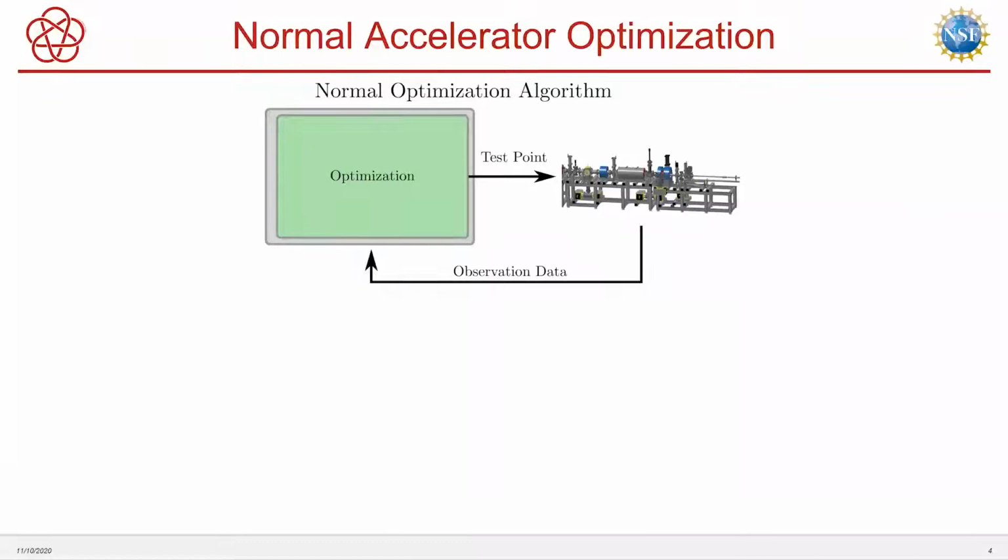When we do that, normally we simply use an algorithm to propose a point that we will measure in real life, and then we add that measurement to the optimization algorithm. However, current optimization algorithms have relatively poor sample efficiency.